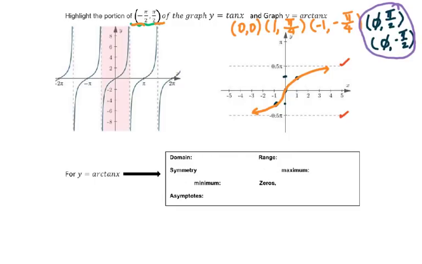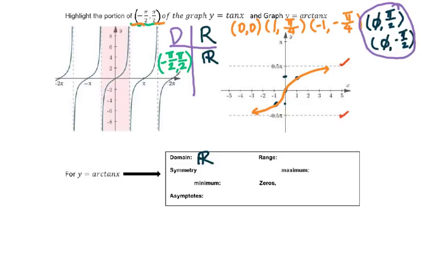Now let's study the property of inverse tangent function. For y equals tangent of x function, we know that domain will be between negative pi over 2 to pi over 2. That's open parentheses. It's not bracket. For range, that is all real numbers. Therefore, for inverse tangent, domain is all real numbers.